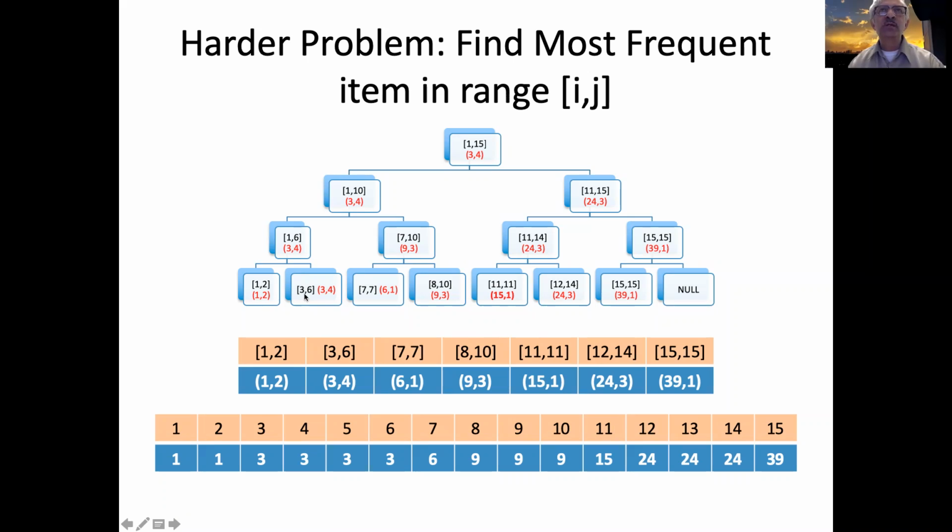We would look down here, and we know that 4 to 6 is basically a bunch of 3s. And because we've broken down that list, we know that the frequency of 3 is not 4, but it's only 3 because we're only looking at part of that array. So there's some extra work that we have to do, but we can figure out what those highest frequencies are, and then work our way back up the tree to figure out the answer. Does that make any sense? Yeah. A little bit harder. Yep. But it's doable.